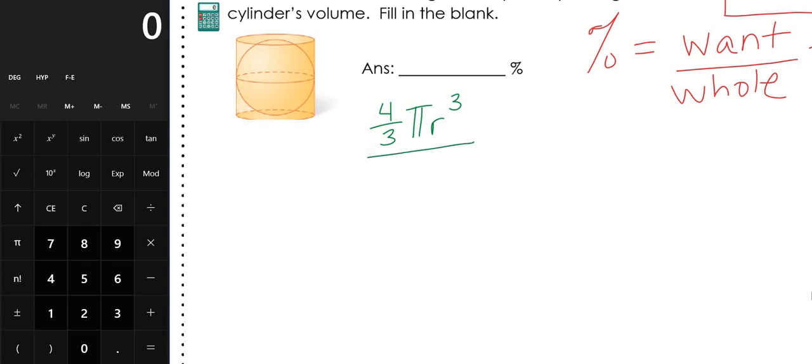So big B times h, we're going to simplify big B to be pi r squared times h. Now look at your formulas. They use two different variables. We have an r and we have an h. We can't use two different variables in an equation and try to simplify it. We got to stick with one variable. So we're going to stick with r, and we're going to express the height of the cylinder in terms of r. Let's take a look at how we do that.